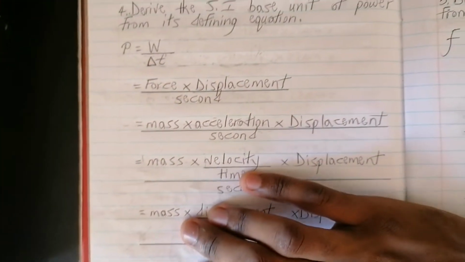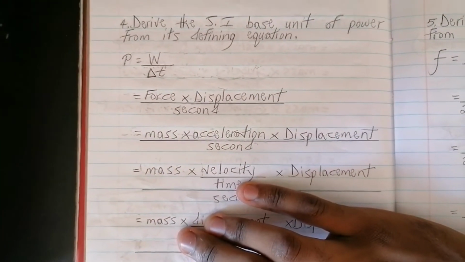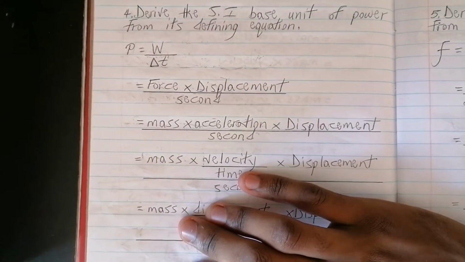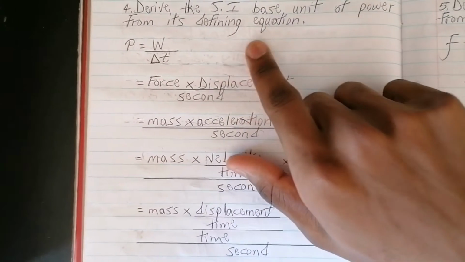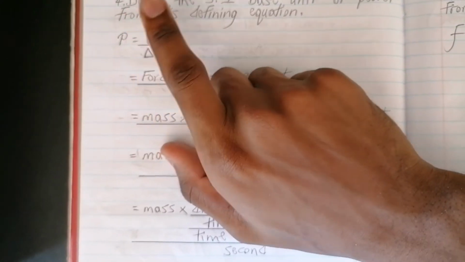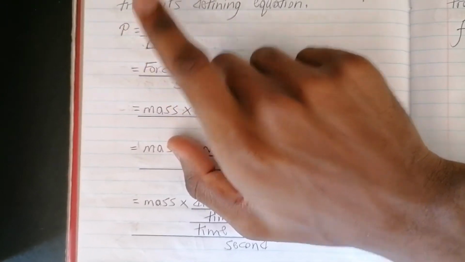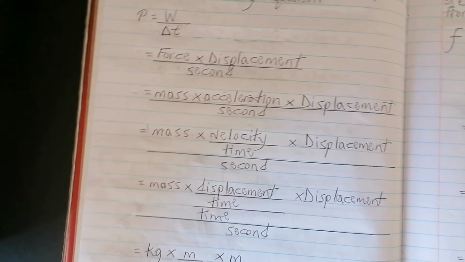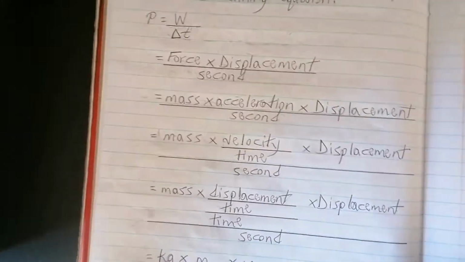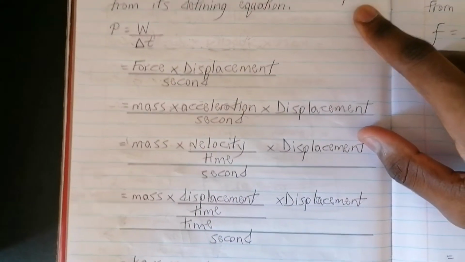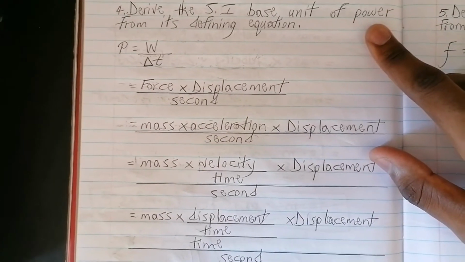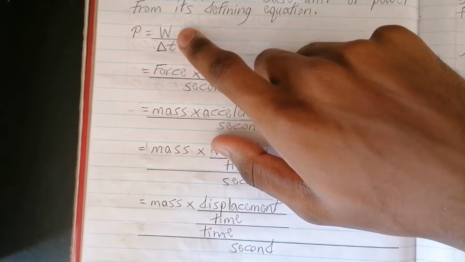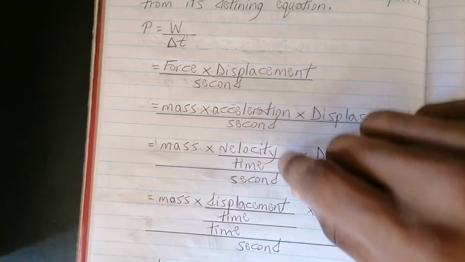And then afterwards we have power. The defining equation for power is W over change in time. This W is work, because the SI unit for power is watt, but please do not confuse this watt with work.